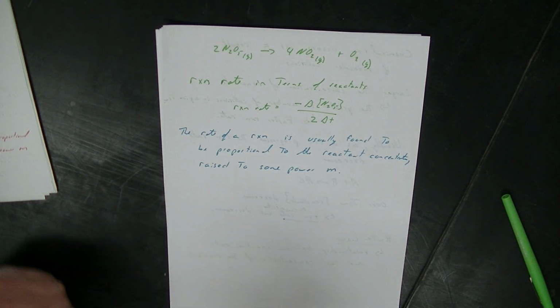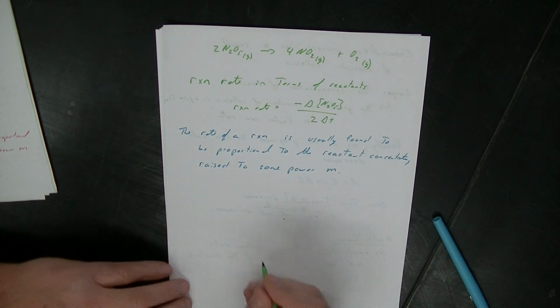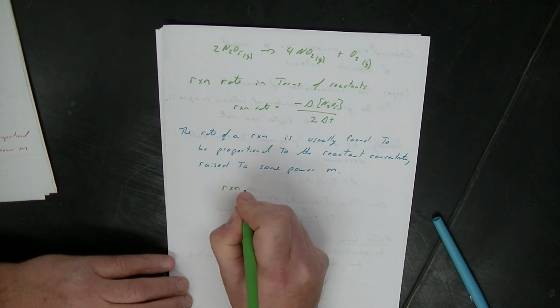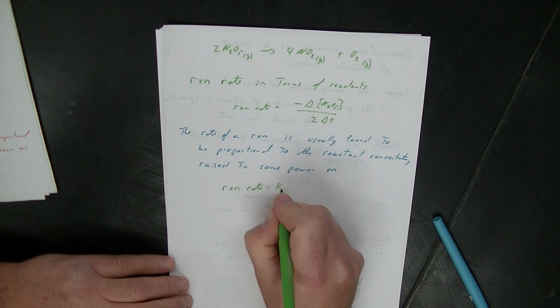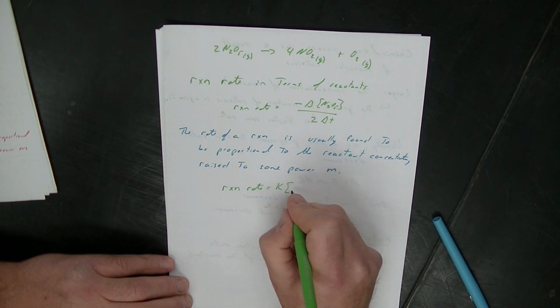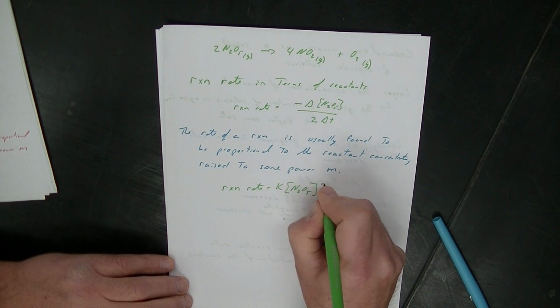Okay, so we can rewrite our reaction rate as equaling K times the concentration of N2O5 to some power m.